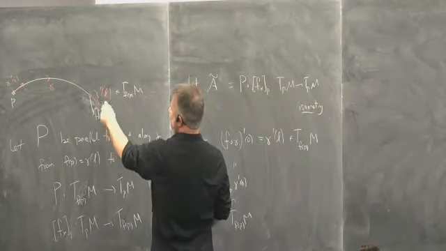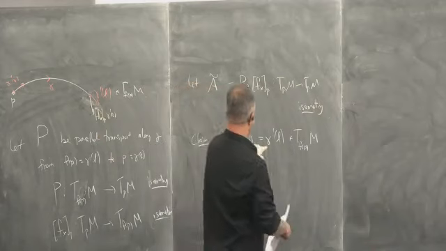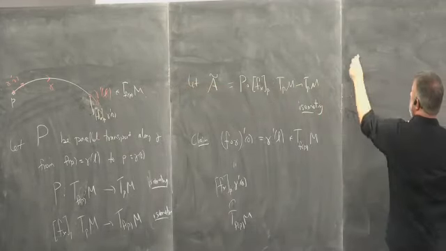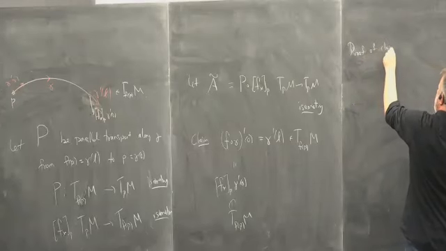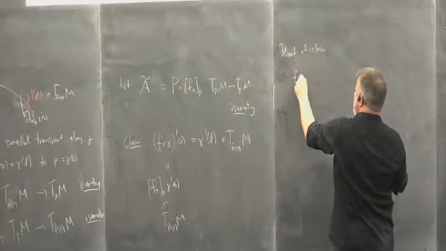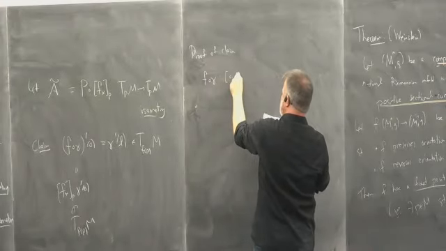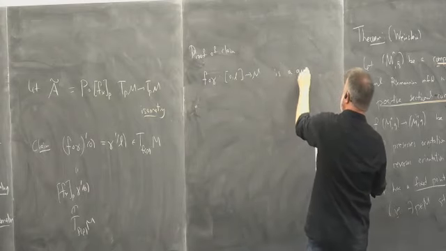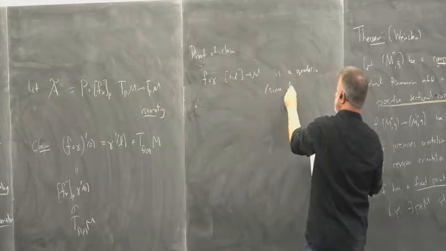Okay, so I want to show that these two vectors, the green and the red here, are the same. That's this claim. Okay. So let's prove this claim. If I look at the map F compose gamma from 0 to L to M, this is a geodesic, since F is an isometry.